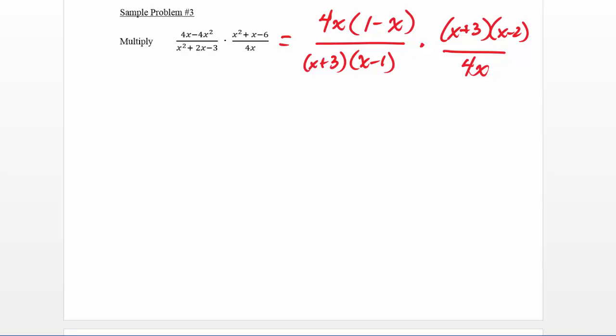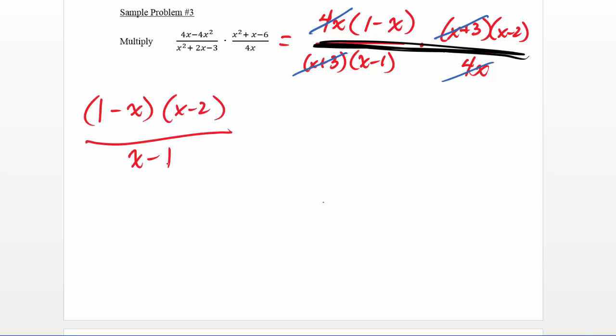Now, keep in mind that whenever you are multiplying everything on the numerators together and everything in the denominators together, technically anything that's on top and bottom can be canceled out. So I can start canceling out right off the bat with 4x and 4x, and then I also have x plus 3 and x plus 3. Now I'll stop right there and just rewrite what I have left over.